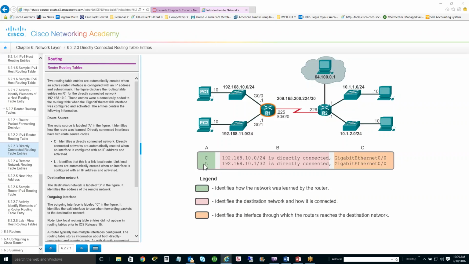So this is your local route, which is basically the interface IP itself. And then this is the network that is attached to that interface.